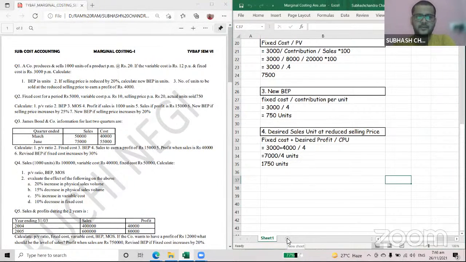Question number 1, question number 2, almost similar. Earlier we had only one point, that is increase in price. Now this time we may have an increase in price, decrease in price and all. Profit if sales unit is this much, sales if profit is this much, new BEP, then new BEP if price increases, new BEP if price decreases. So multiple variations are there.